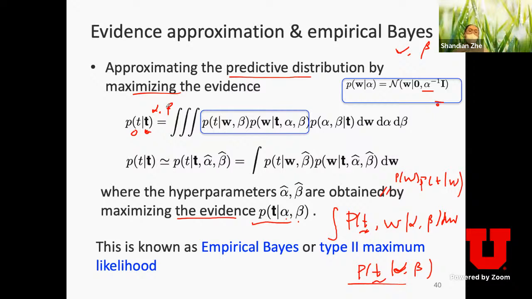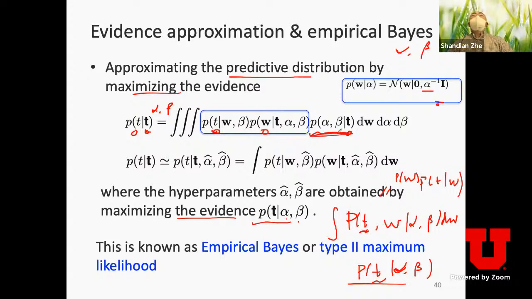If alpha and beta are unknown, in the full Bayesian framework you have to marginalize alpha and beta as well. That means an extra integral with respect to alpha and beta. You have the posterior distribution of alpha and beta given the training data, then given alpha, beta and the training data, the posterior distribution of the model parameters, and then given the model parameters, the distribution of the prediction. You have to marginalize all those. But usually this is very hard to compute.